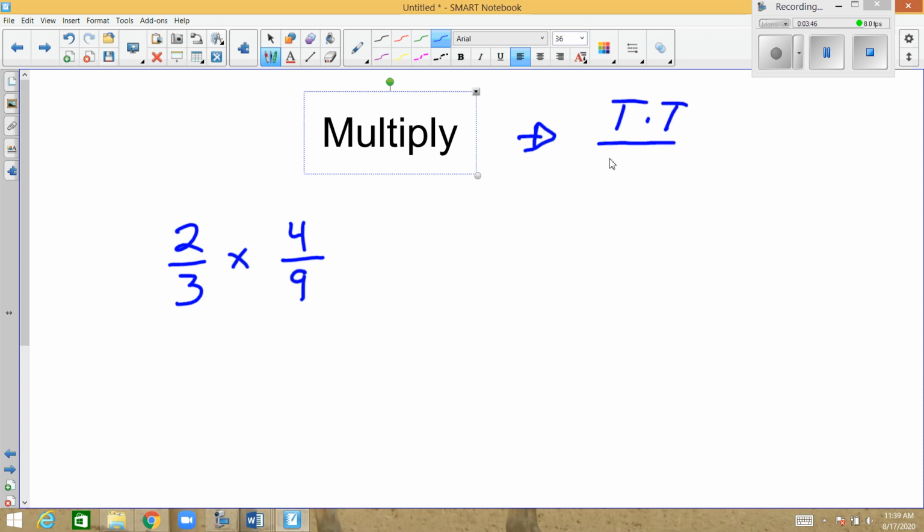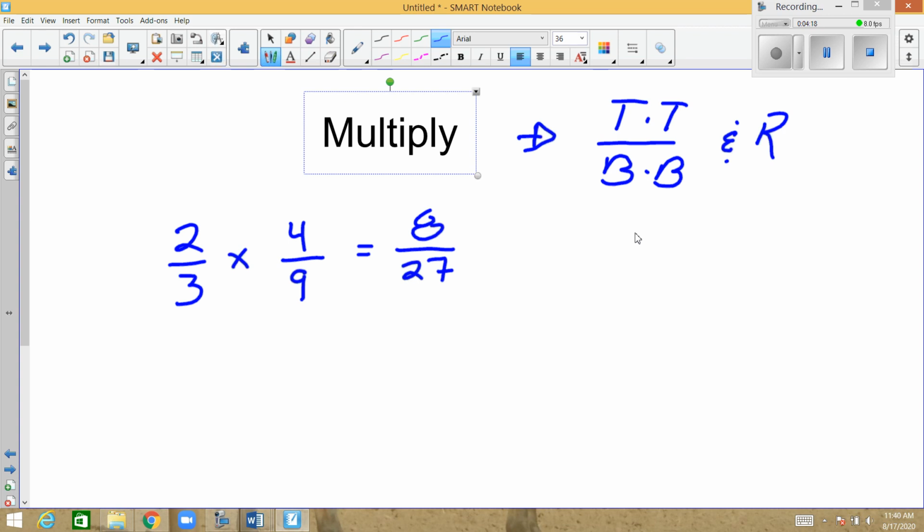Tops times tops, bottoms times bottoms, and then it's a fraction, which means we always have to look to reduce. So 2 times 4 is 8. 3 times 9 is 27. And then this guy just happens to be reduced. So I've looked to do that, it just doesn't do that.